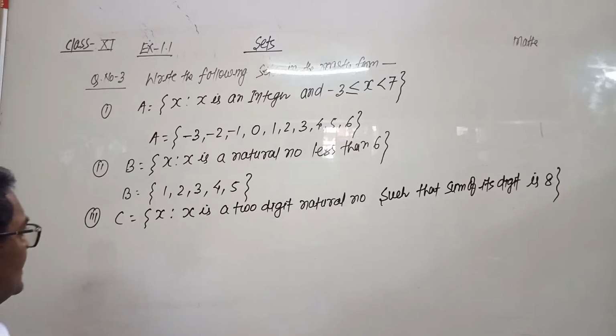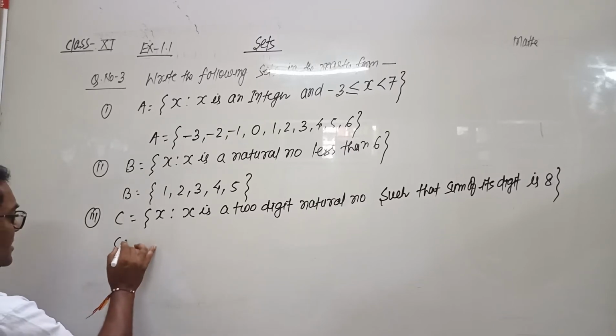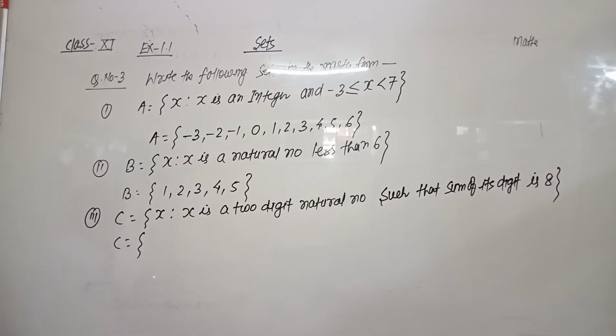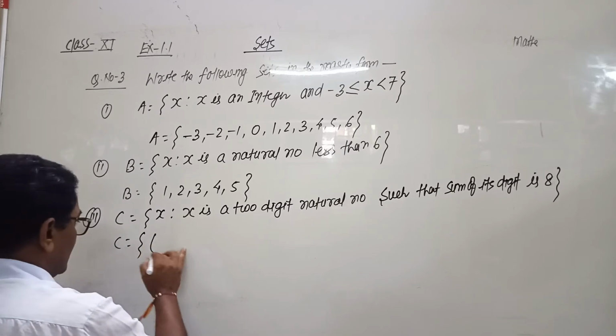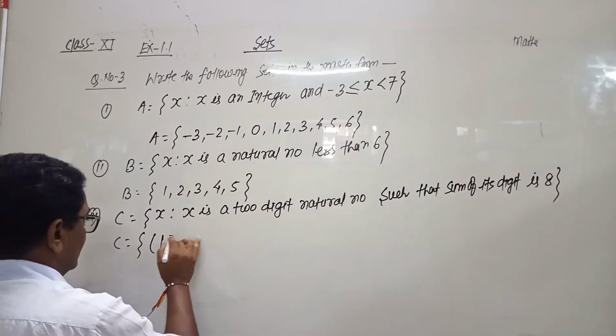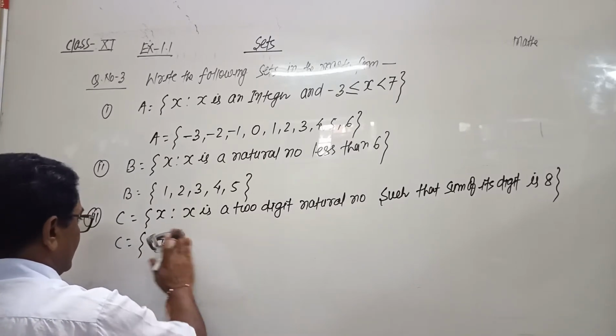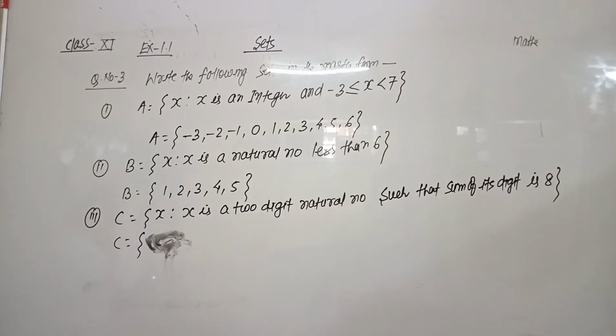So x such that x is a 2-digit natural number such that the sum of its digits is 8. A two-digit natural number, जैसे 17, we can write in this way.